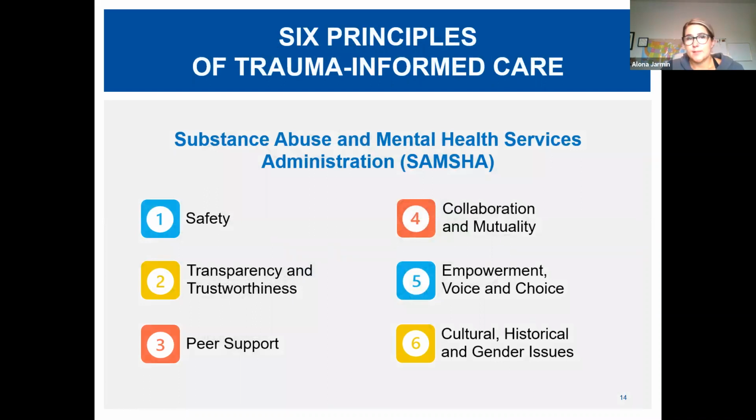So we talk about the 6 principles of trauma-informed care, and this is according to SAMHSA, the Substance Abuse and Mental Health Services Administration. They came up with these 6 key principles. First, safety. This prevents violence across the lifespan and creates safe physical environments and areas that are calm and comfortable.